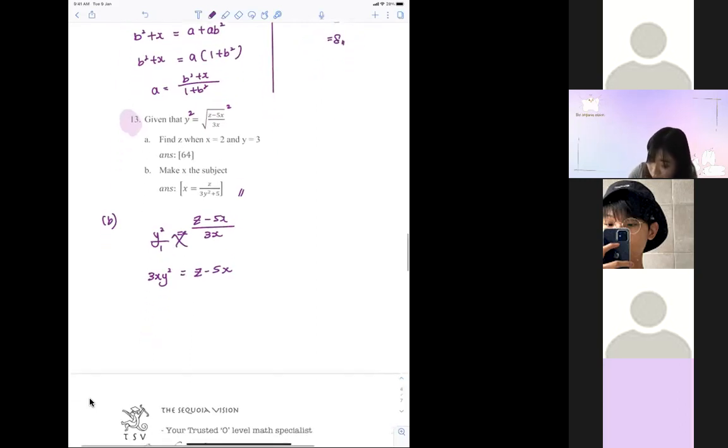You will get that. Then slowly make one side the subject, minus, bring over plus. Then factorize out your subject.